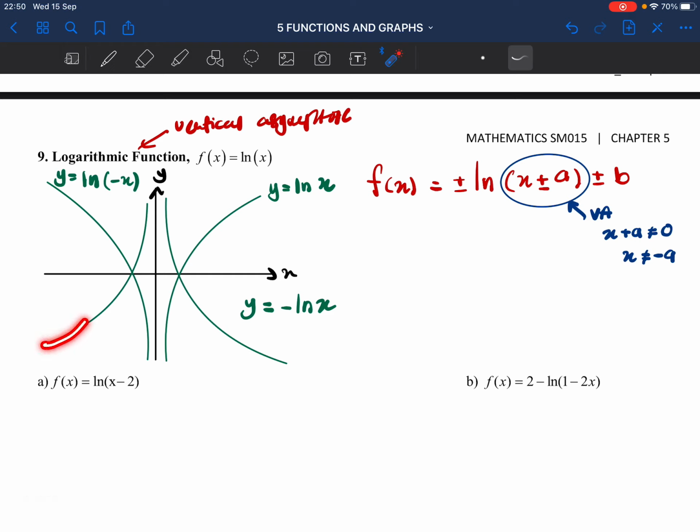Daripada quadrant 3 ke vertical asymptote kita. So quadrant 3 tu y negative, x pun negative. So both akan negative. The function should be looking like this. Negative ln, negative x. Okay, so these are the 4 basic shapes for your log function.